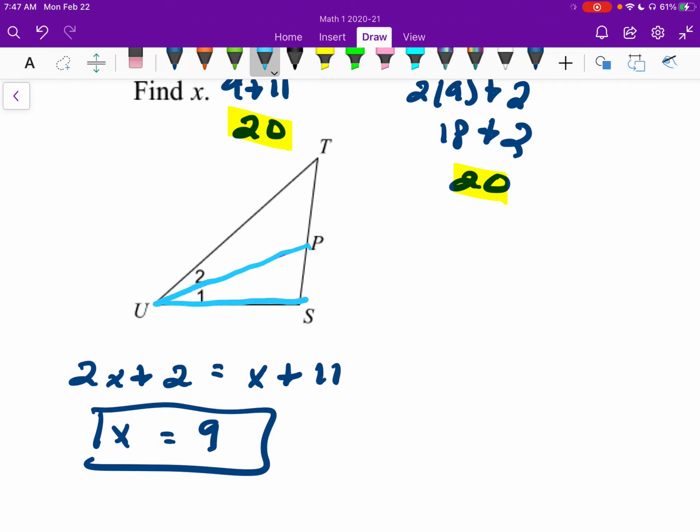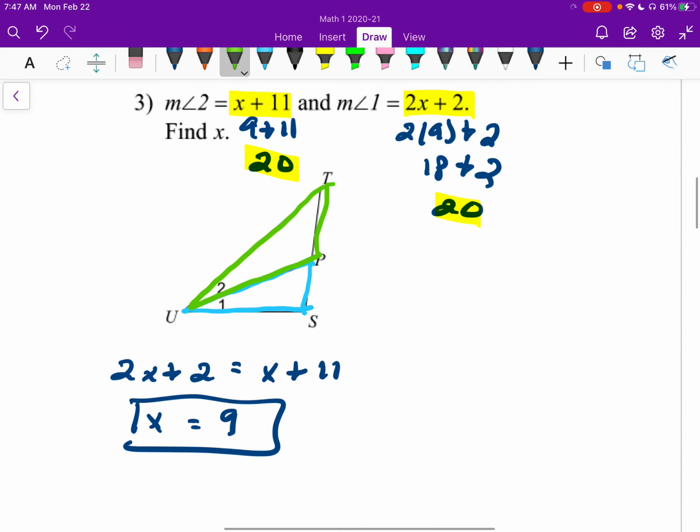We have a triangle on the bottom and then the triangle on the top. Just kind of a neat thing to think about. How by bisecting, you're creating new triangles. Kind of neat. The new angles here are created right here at point P.